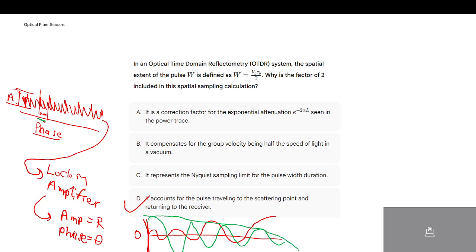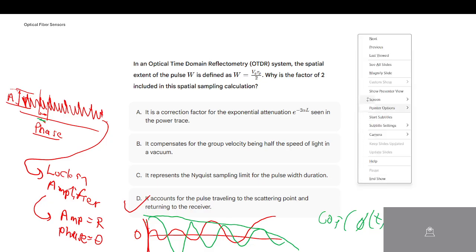If you are taking the example of cos phi t, time dependent phi, it will be like this, and for the sine it will be opposite.